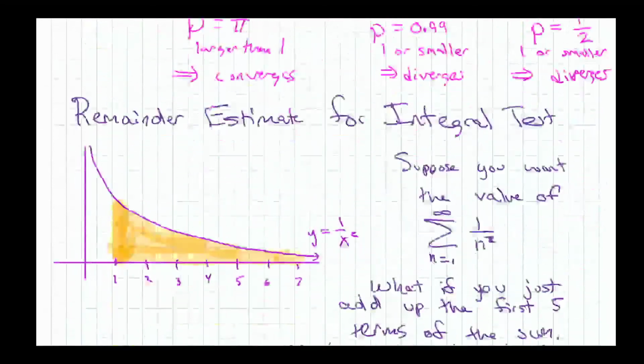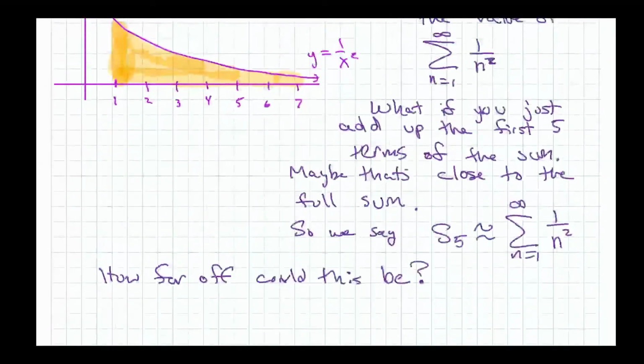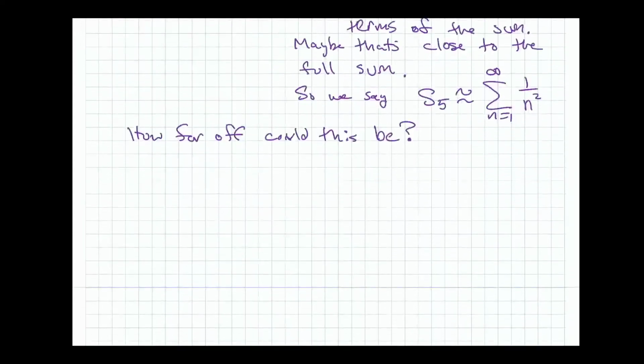The moral of the story is, because of how closely the integral is related to the sum, you could say that S5, well, the full sum, 1 to infinity of an, is stuck between 2 things.